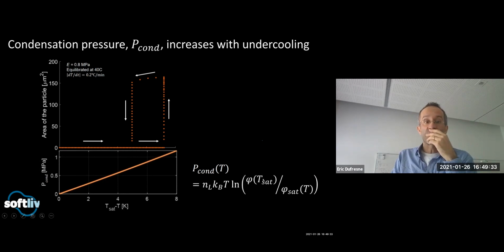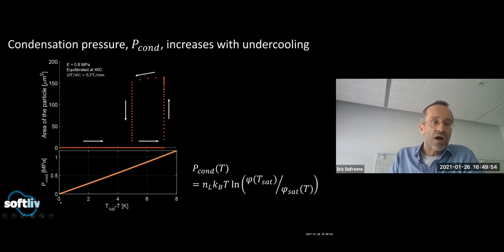So the key thing is that as we cool the system, the saturation concentration changes. Tsat is the temperature at which I equilibrated. So if I haven't made droplets yet, my continuous phase has this concentration psi Tsat. And as I cool, this factor is dropping and dropping and dropping.